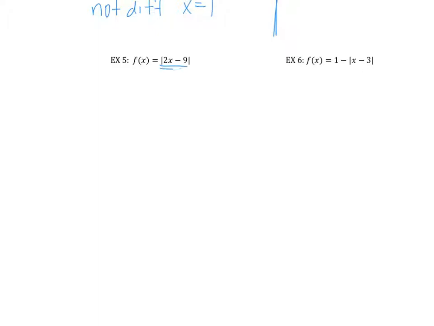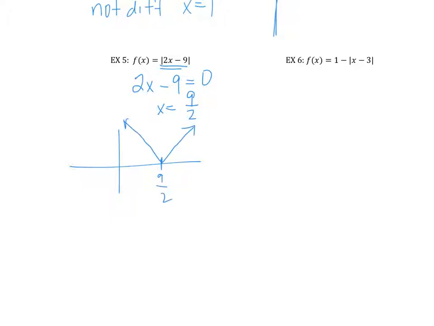Well, remember how you find that sharp turn point: you set what's inside the absolute value equal to 0. So I would get x equals 9/2. So knowing that, I'm not going to draw an accurate to-scale drawing of this graph, but I'd certainly know that this sharp turn is at 9/2. So I know my graph, and it's a positive absolute value, so the V is going to be facing up.